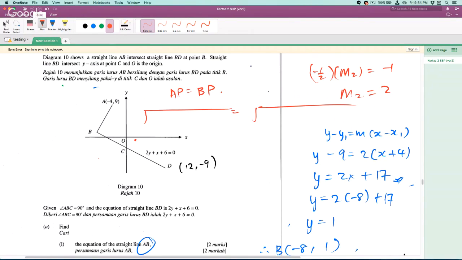Okay, so P is unknown. I just call it x and y. A is over here, so I will say square root of x plus 4 squared plus y minus 9 squared. All right, and then it equals BP. We have the B here, right? So I will say x plus 8 squared plus y minus 1 squared.